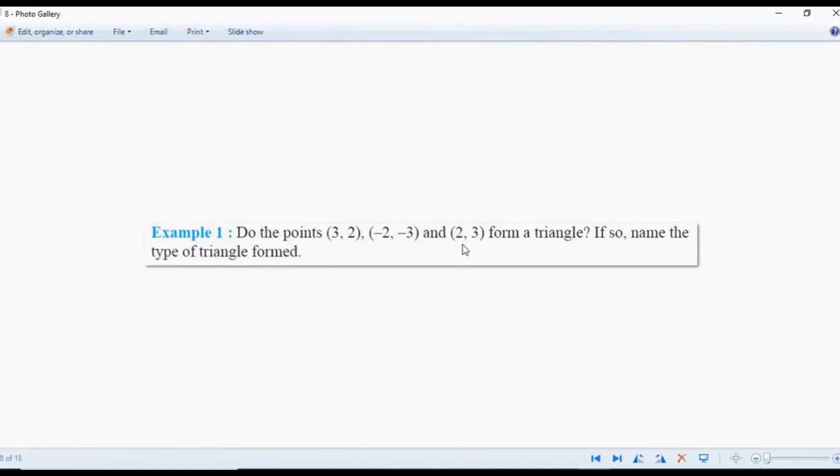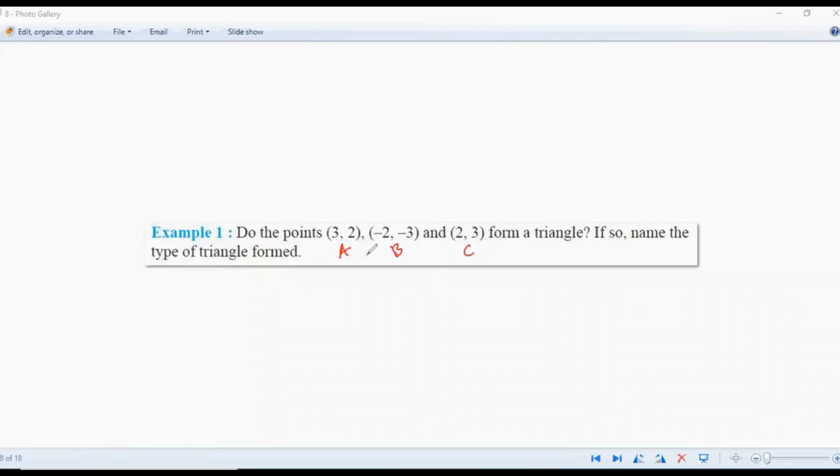We know different types of triangles: equilateral triangle, isosceles triangle, right triangle. We want to check which type of triangle this is. So similar questions you can expect. What we can do is give names for the points. I call (3, 2) A, (-2, -3) B, and (2, 3) C. No need to draw the pictures here.